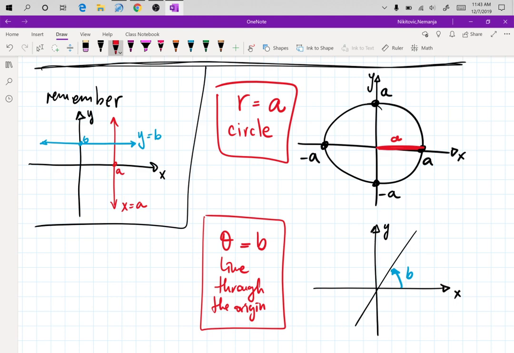You saw the flower, you saw the circle. There is also a curve called the cardioid, which looks like a heart, right?